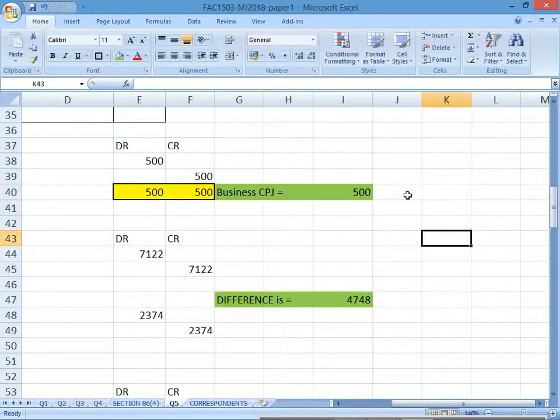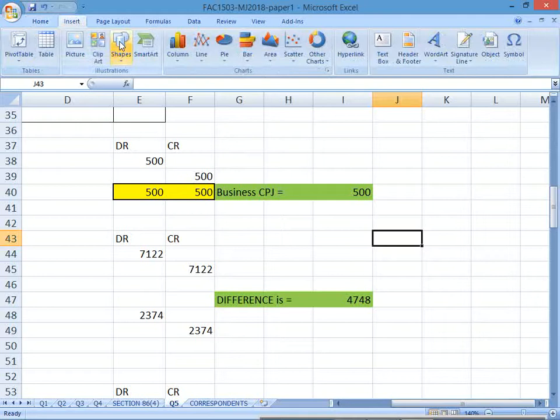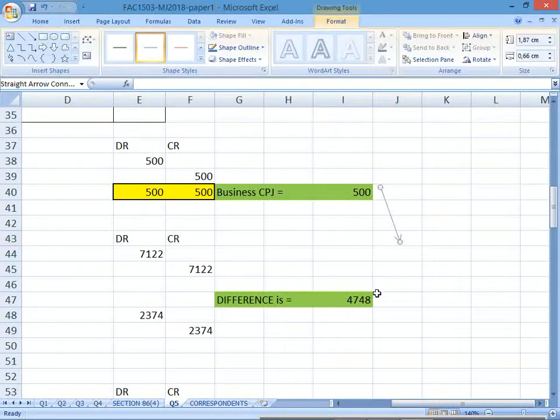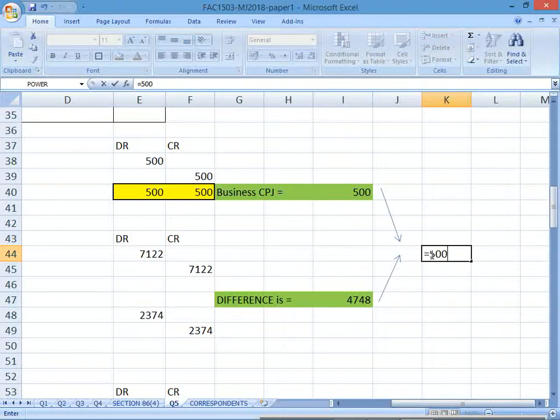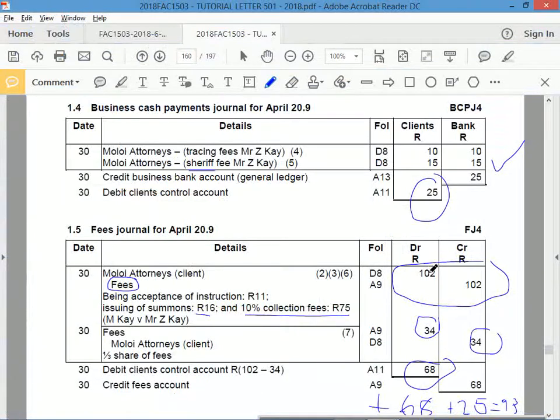So this added together would give us an amount of 500 plus 4748, which gives us 5248.